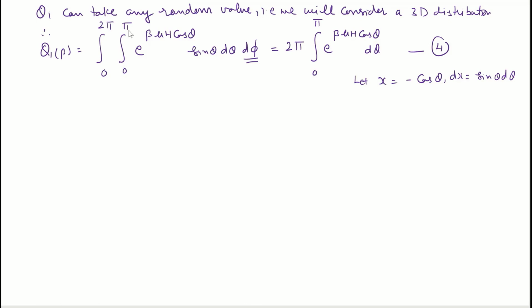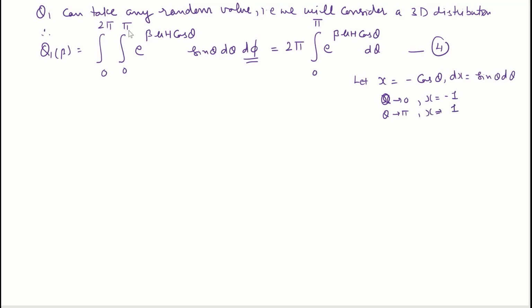So when theta is 0, x is minus 1, and when theta goes to pi, x goes to plus 1.